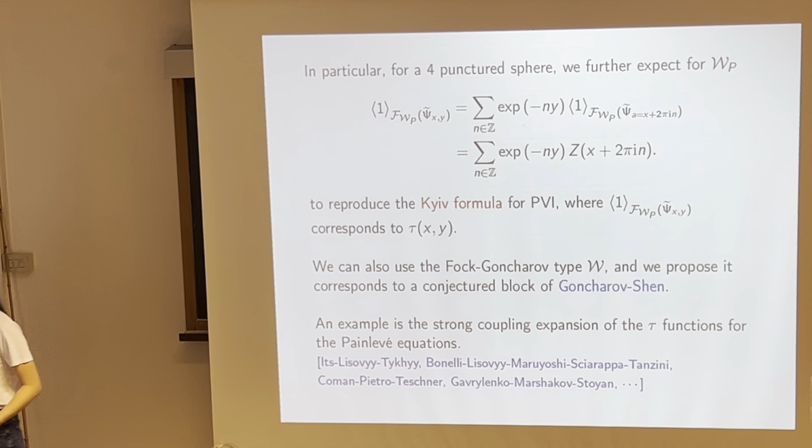In that case, we think what we will get are related to this kind of conjectured conformal blocks in the work by Goncharov and Shen, where they talk about conformal blocks corresponding to the triangulations.